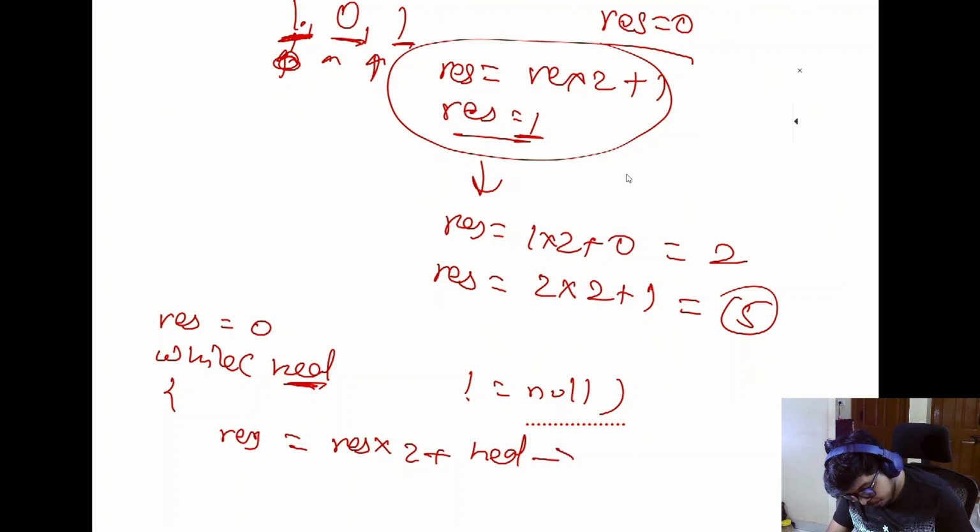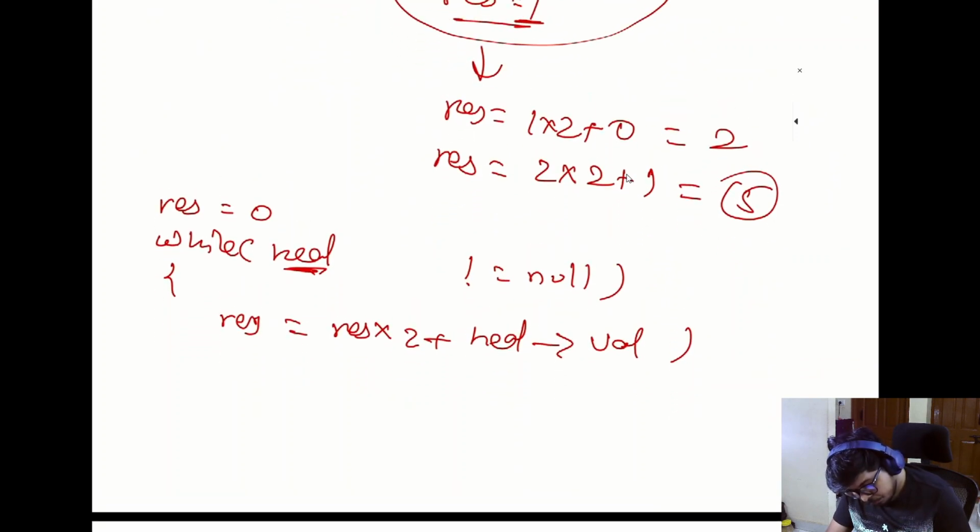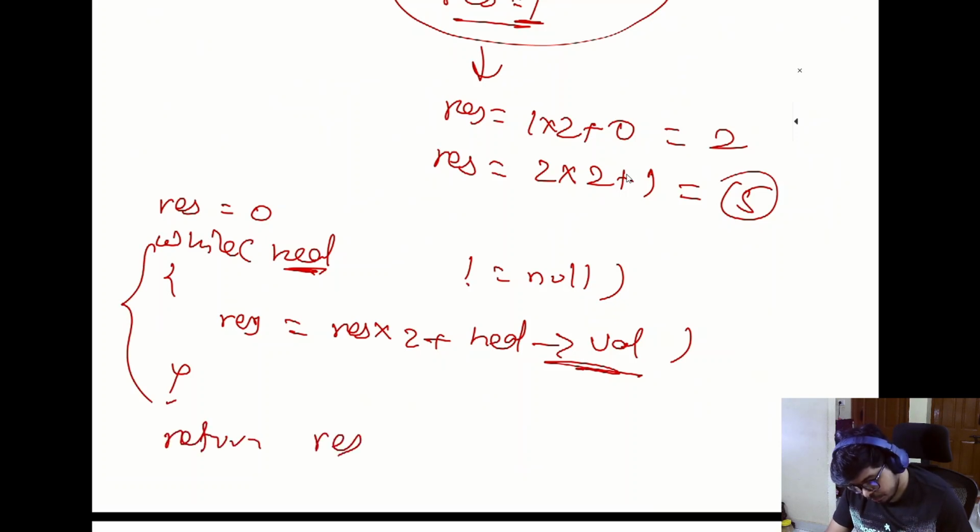So the head val. And after that we will directly add the result value. No, no, no, we have already added it here. So this will be the answer logic, and at the end we will return the result.